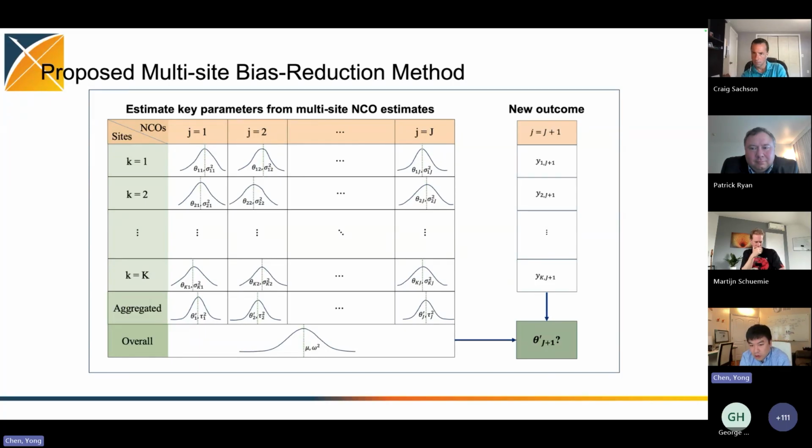Heterogeneity diagnostics, visualizations, or metrics, for example I-squared, developed by Julian Higgins and colleagues, can help us do some detective work. For example, across these sites, for this particular NCO, if you see this tau-squared is 10 times bigger than any other tau-squared, that actually gives us some information.